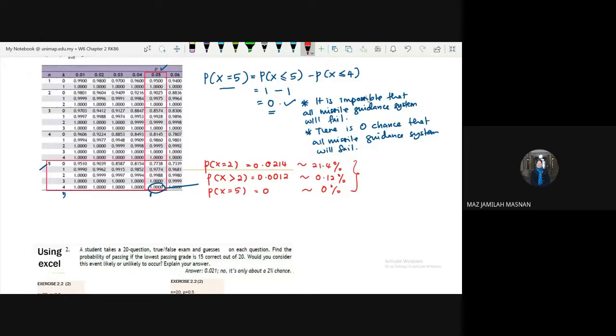All these are reasonable because we are talking about a missile guidance system, which is very sensitive. It should have zero error. And when we are talking about the probability of failure, it should be very, very small. So as the number of failures increases, the probability value decreases. As the number of missile guidance system failures increases, the probability decreases. So this will be your conclusion for question number 1.